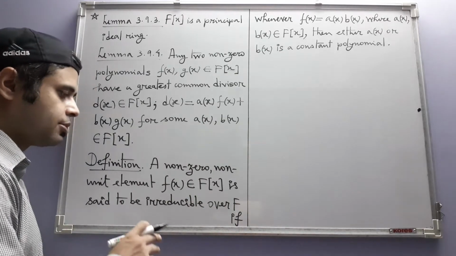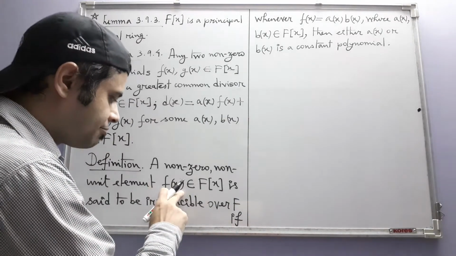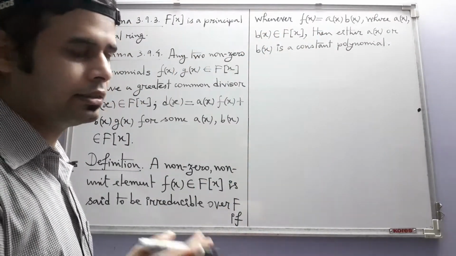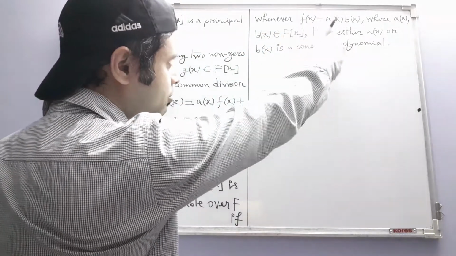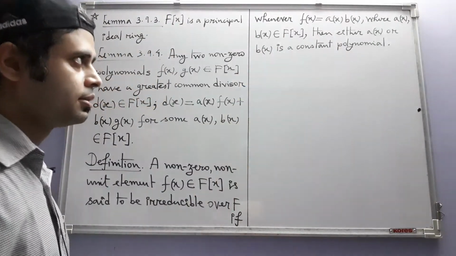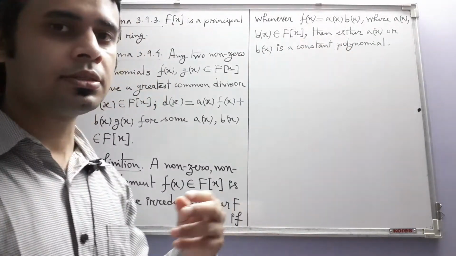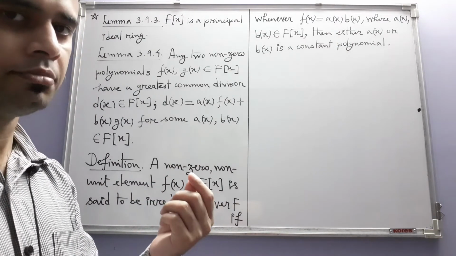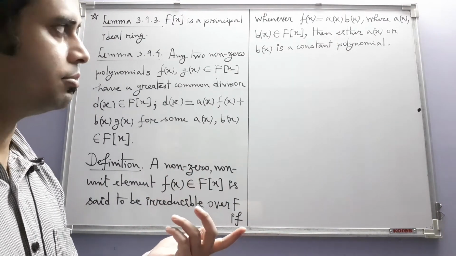In other words, loosely speaking, f(x) cannot be factorized non-trivially. That is, if you have found a factorization like this, then one of the factors is trivial in the sense that it's a constant, it's a field element, a constant polynomial.